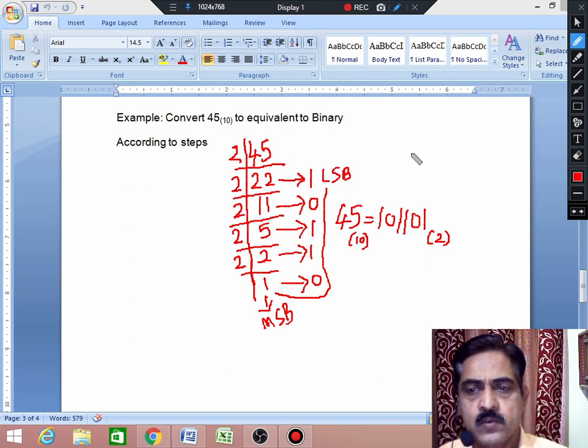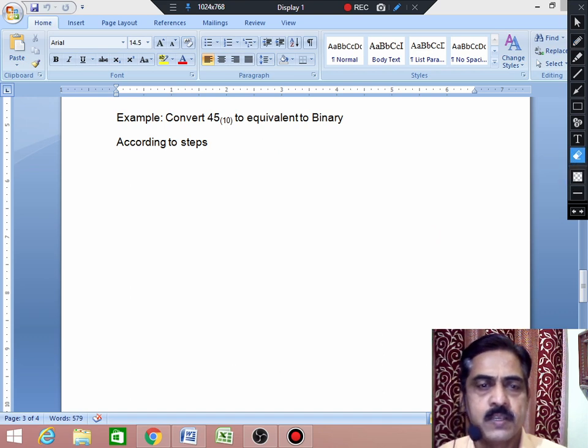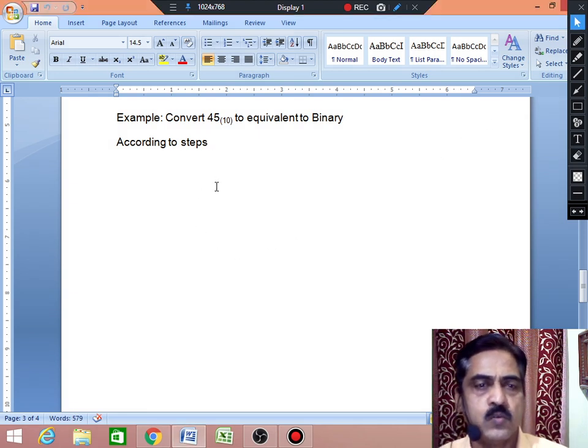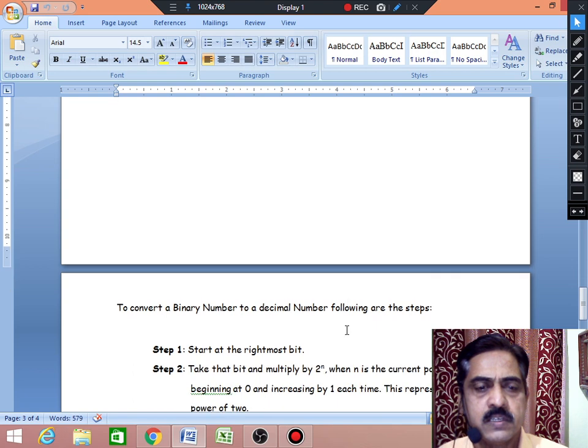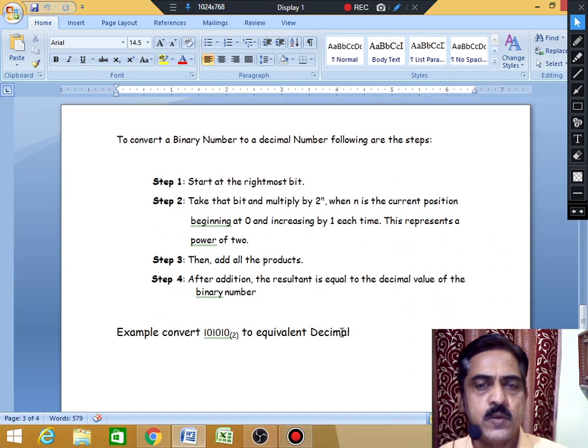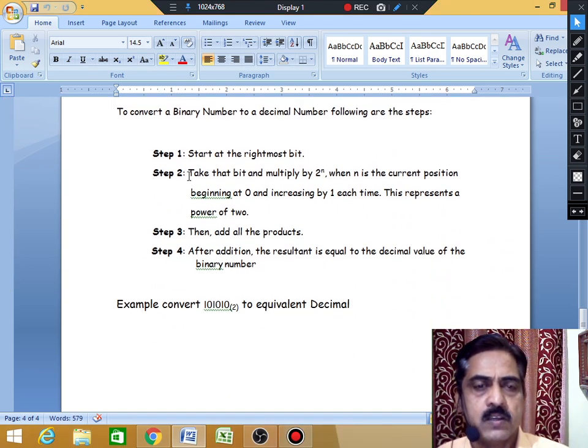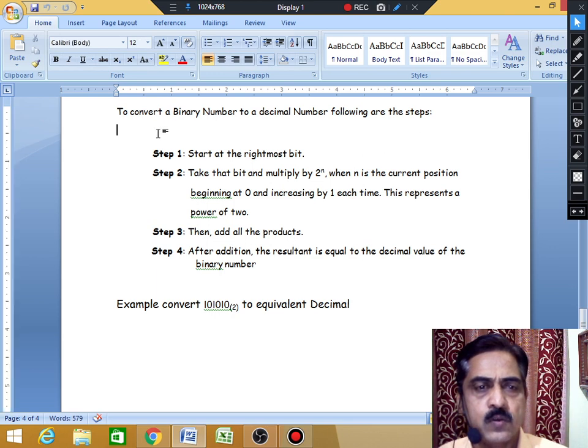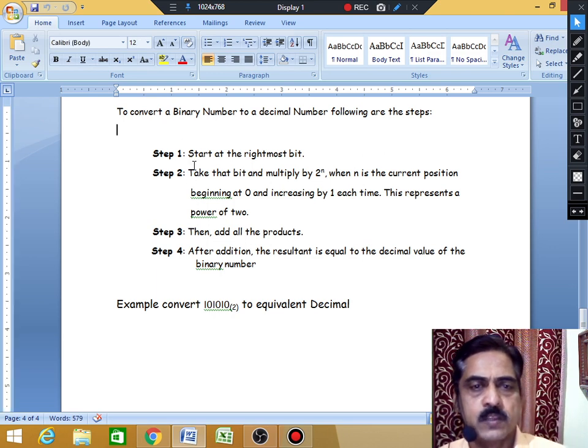Okay, now 101101. Now let me go for conversion of a binary number to a decimal number. For that also we have steps. To convert a binary number to a decimal number, the following are the steps.